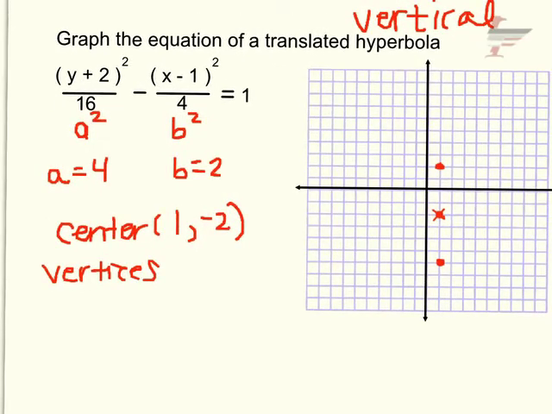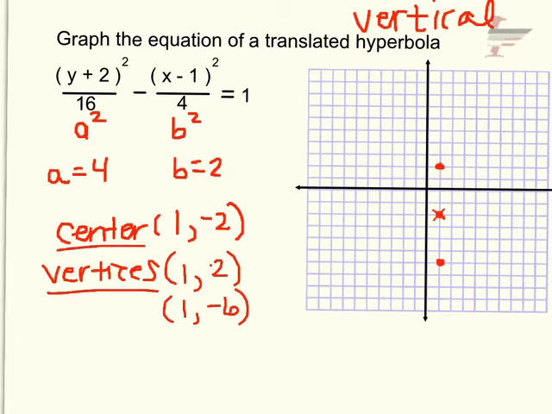If I hadn't graphed these, I can see that my vertices are going to be 4 units plus or minus my y value. So my vertices are going to be 1, comma, negative 2 plus 4, which is 2, and I can see that point right there, and negative 2 minus 4, which is negative 6, and I can see that point also. So (1, 2) and (1, -6) are my vertices.